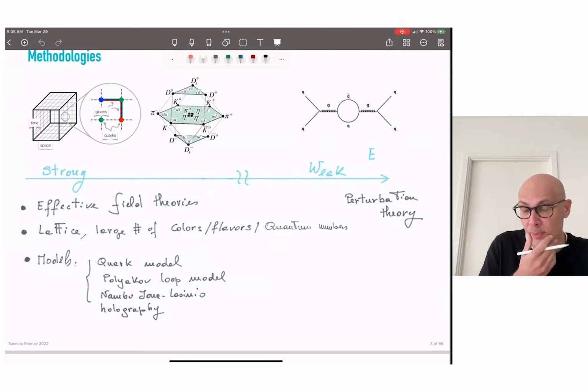The Polyakov loop model, which in certain limits can be considered exact, and then Nambu-Jona-Lasinio or holographic string-inspired models. I'm sure I left something out here, but in practice, this is the toolbox we use to explore strong dynamics, not only in QCD, but even for theories which are non-QCD-like.